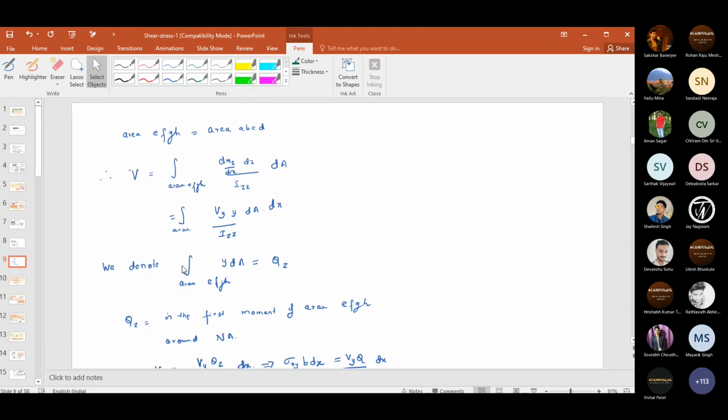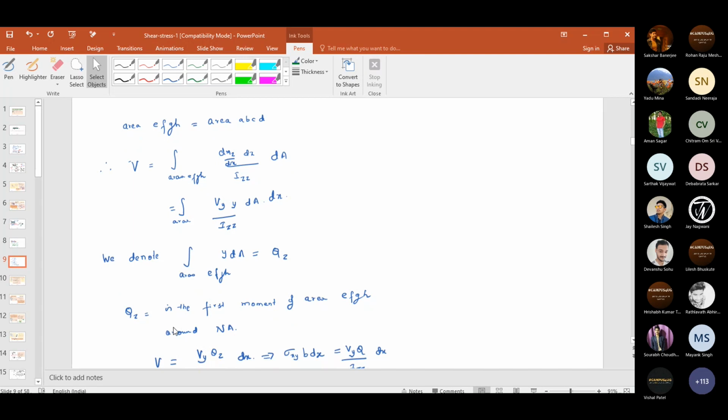Then we will have y dA; the dx we will keep outside because that is not a function of area. So what is this integral over EFGH of y dA? We call it Qz. All of you know that it is the first moment of area of EFGH around the neutral axis.